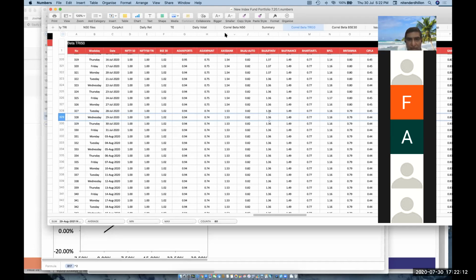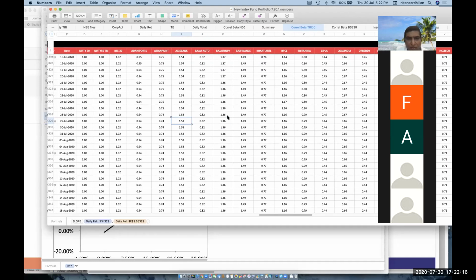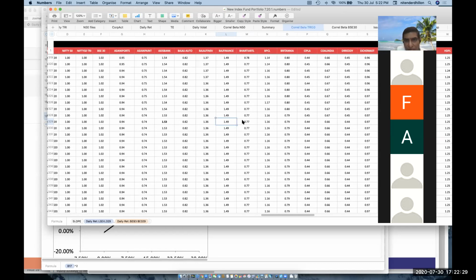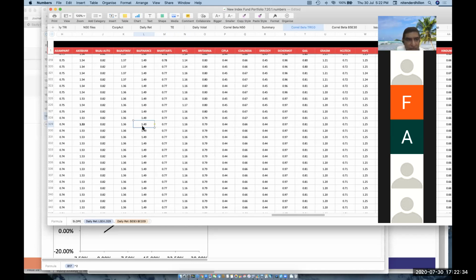Beta for Axis Bank is 1.53. Just take a look at the beta for the financial services sector. So we're looking at Axis Bank, 1.53. Bajaj Financial Services, 1.3. Bajaj Finance, 1.4. Okay, moving ahead.